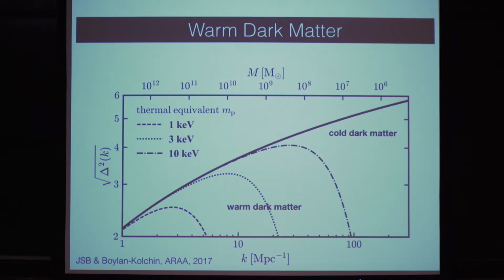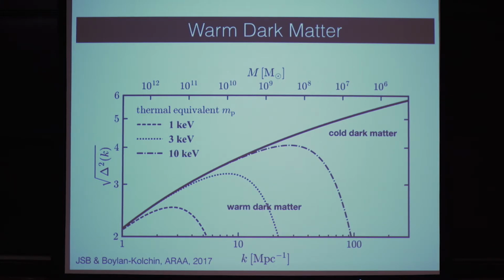So when I talk about self-interacting dark matter, I'm talking about cold collisional dark matter. Okay. Another possibility is the dark matter is still collisionless, but it's warm. That is, something happens because of its thermal mass, or if it's a sterile neutrino, you could chop off the power spectrum basically because of free streaming, right?